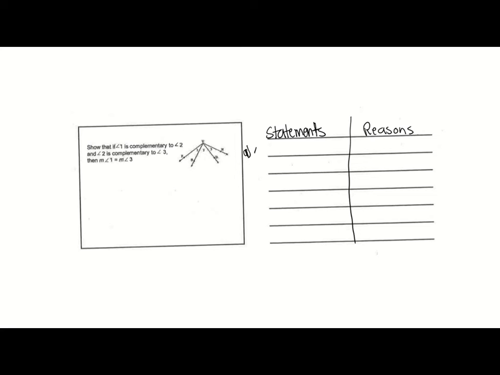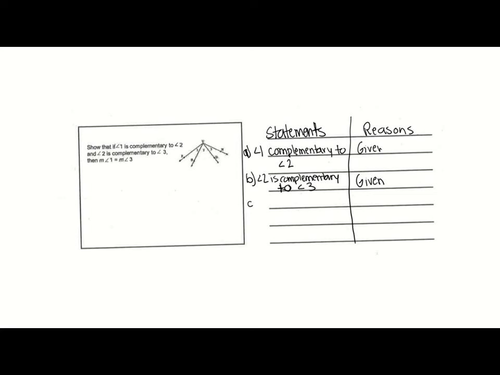So I know that angle 1 is complementary to angle 2, given. And then angle 2 is complementary to angle 3, which is given.